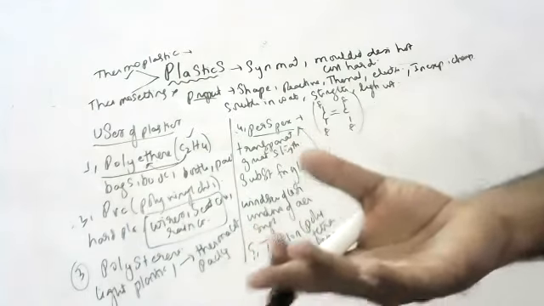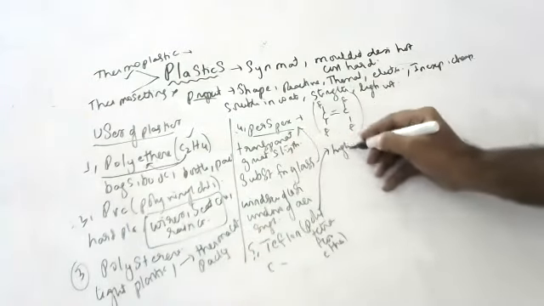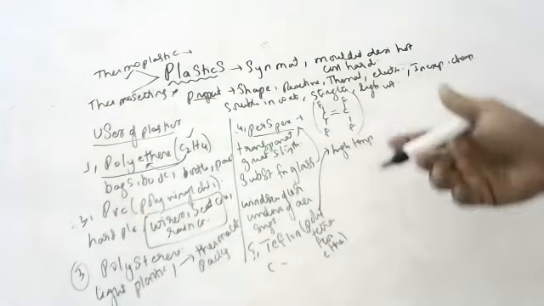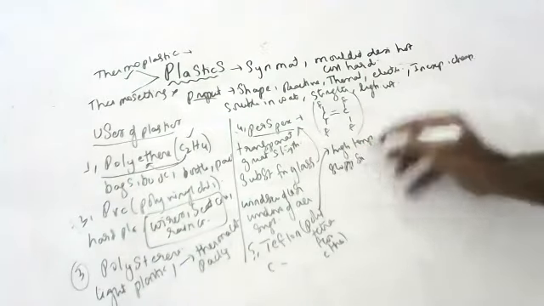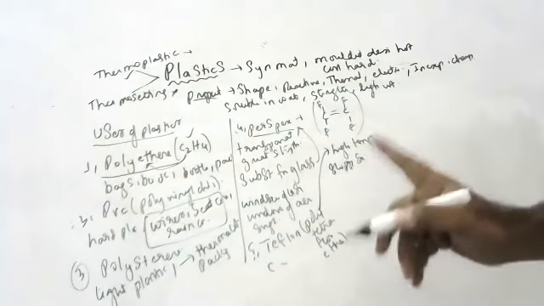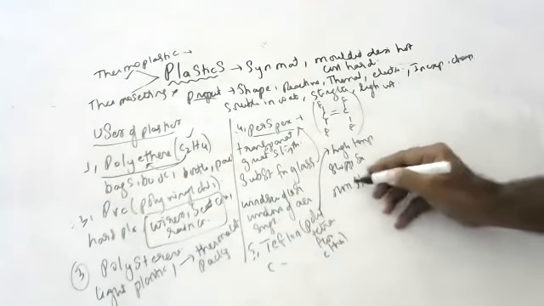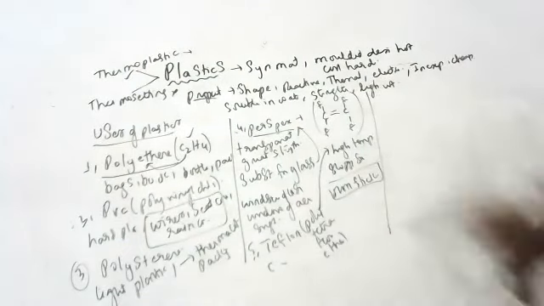Teflon can withstand high temperatures. That's why non-stick pans are made of this, children. It also has a slippery surface. So non-stick pans will have a Teflon coating. Don't forget, children, very, very important.